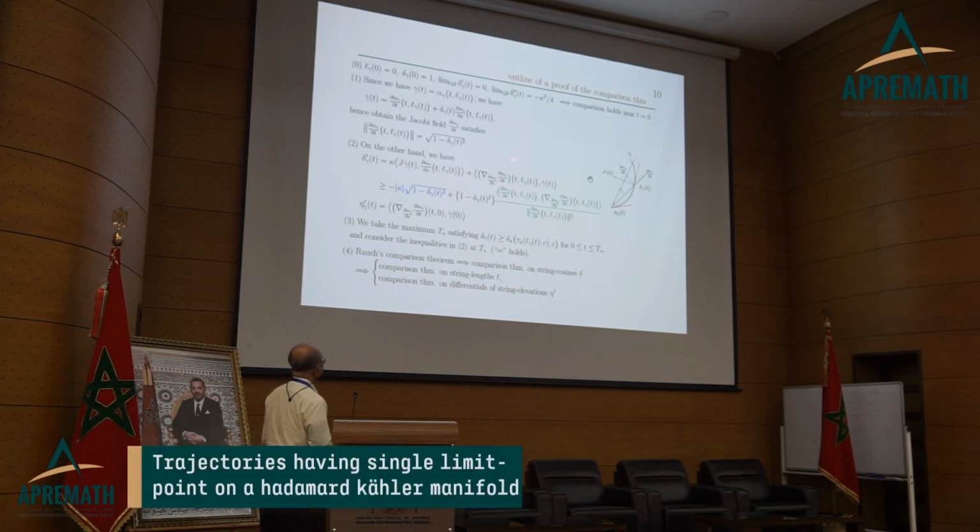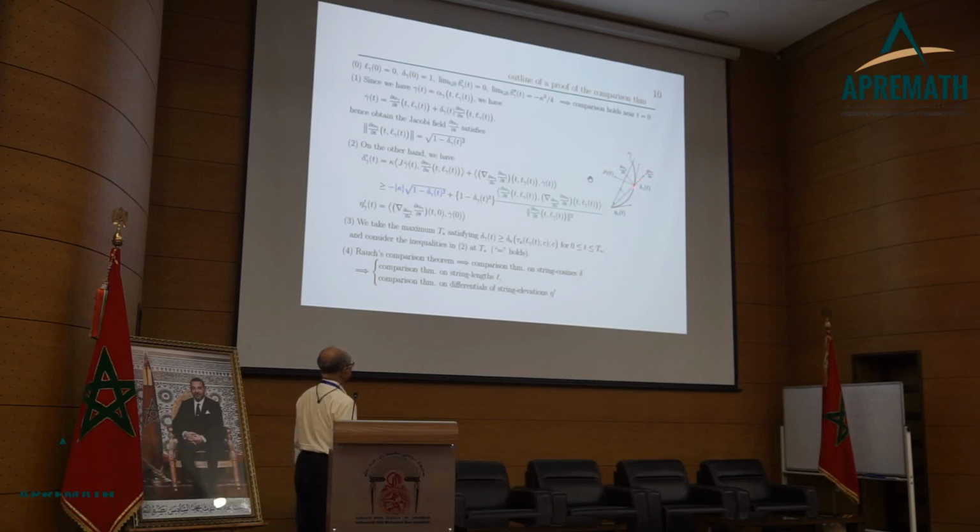So the first part we can understand satisfies this, and the second part is expressed by using this. This part can be estimated by Rauch's comparison theorem. So we can get our comparison theorem through Rauch's comparison theorem.